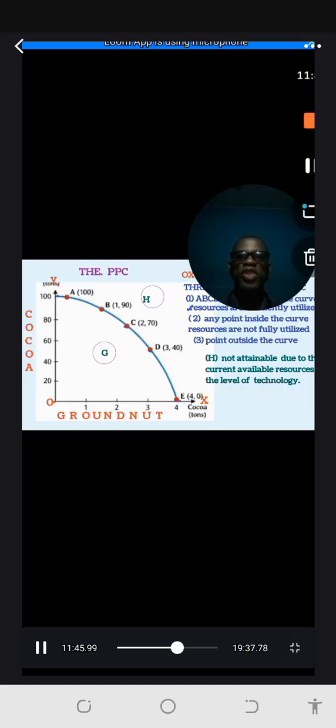Also, if the economy is producing at point C and wants to increase the production of cocoa, it will move to point B. At point B, that is upwards, 80 tons of cocoa is produced, while 1 ton of groundnut is produced. The more resources allocated to one of these products, the fewer resources become available for the production of the second product.